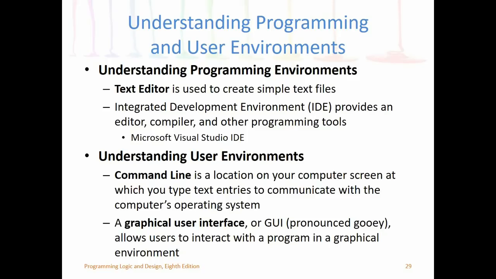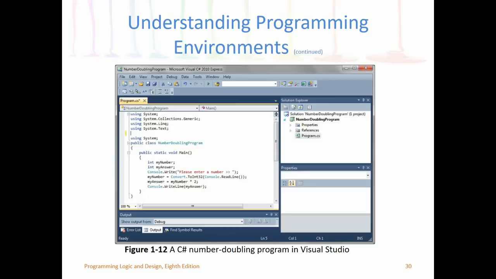Understanding user environment: we have the console or the command line, which is a location on your computer screen at which you type text, and the entries will communicate with the program. Graphical user interface, or what we know as GUI, allows users to interact with programs in a graphical environment. In front of you is Visual Basic.